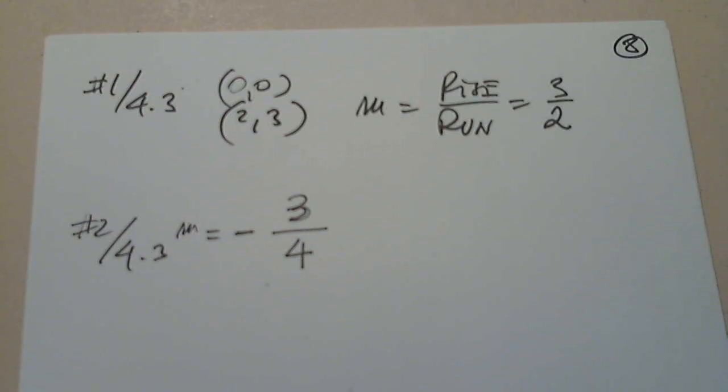I look and try to find 2 points on this line that go through the corner of the grid. So I see one here, 0, 2, and I see one here at 0, 3. Between these 2 points, I will count the run and I will count the rise.